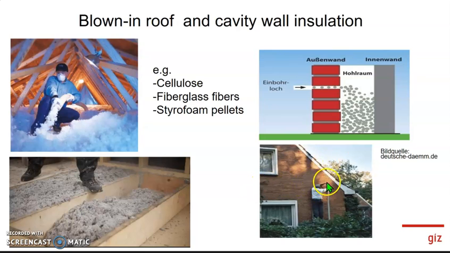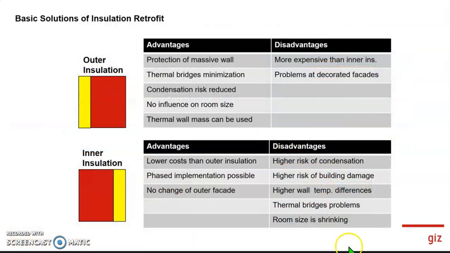So you drill holes and then you fill that in. What you can use for that is celluloses, fiberglass fibers, and styrofoam pellets for this kind of blow-in insulation.